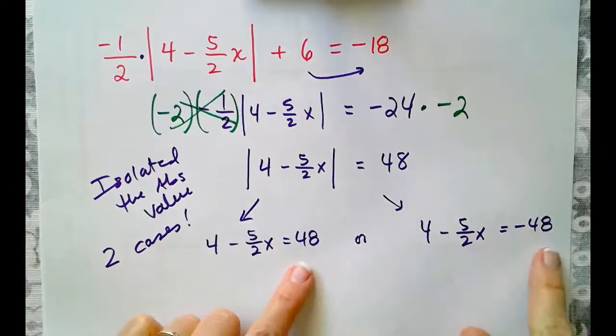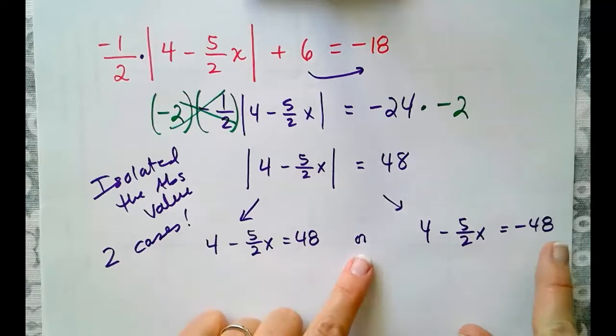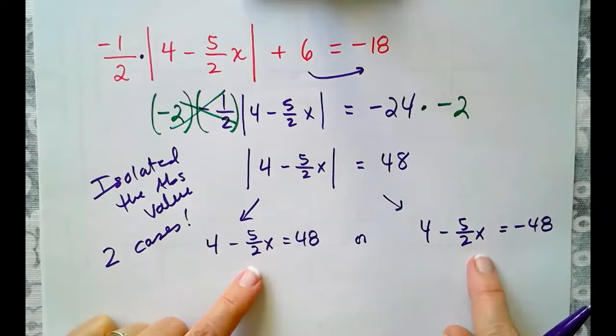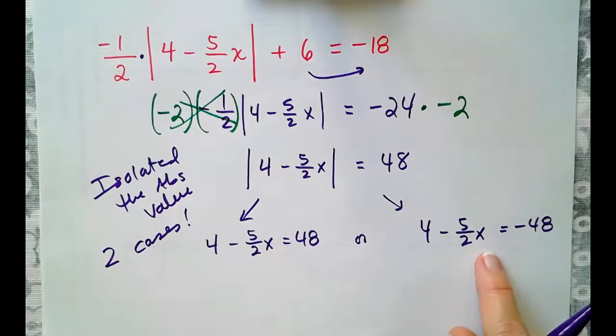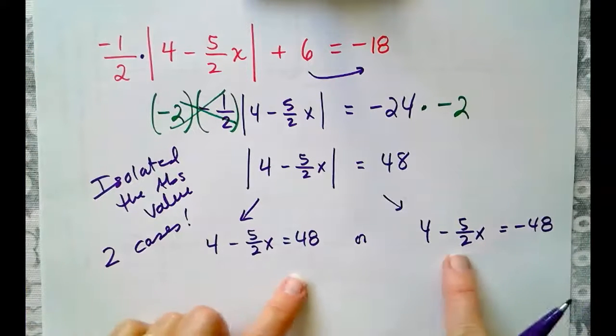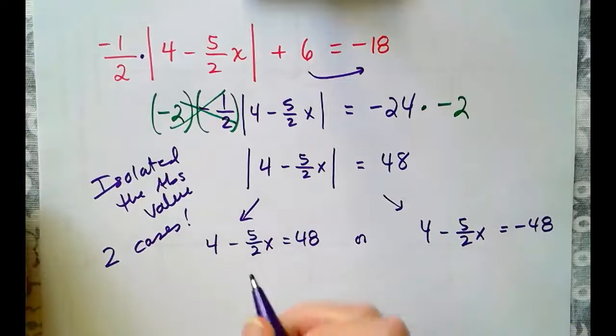We do both because positive 48 is 48 units from 0 on the number line, or negative 48 is 48 units from 0 on the number line. So we're looking for two valid solutions for x that when we plug them in will make the equation true. So we've got to solve both of these equations independently.